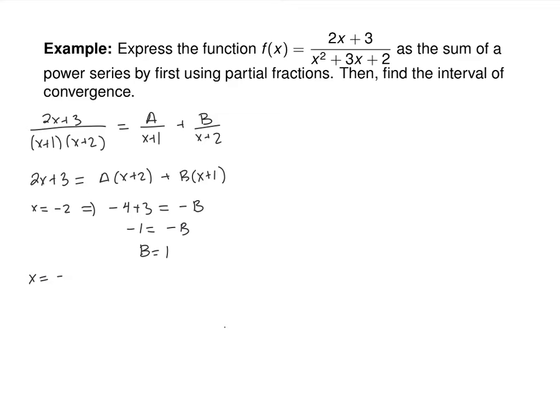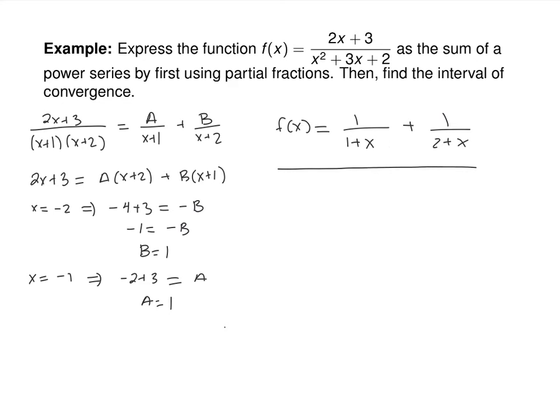If we sub in x equals negative 1, we have, well, negative 2 plus 3 equals a, so a is also equal to 1. So we now can express f of x as 1 over x plus 1 plus 1 over 2 plus x. So there's our first partial fraction step.